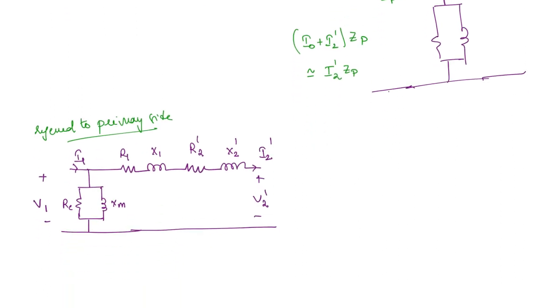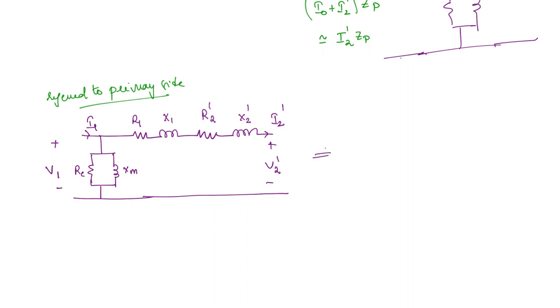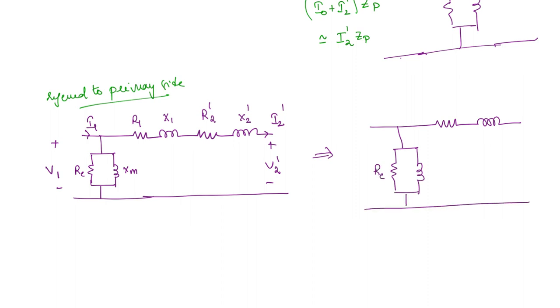Further, we can simply draw this as: here you have an equivalent resistance and an equivalent reactance, and these are the shunt parameters, the core loss component and the magnetizing component. This current is I1, now this is R equivalent 1, and this is X equivalent 1.